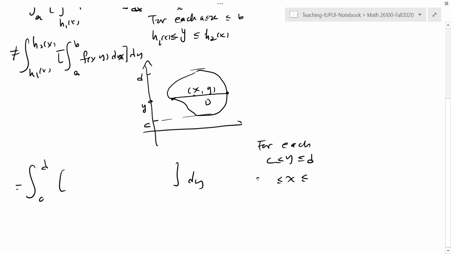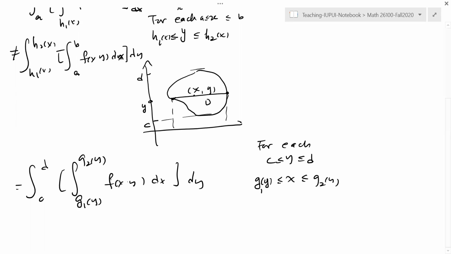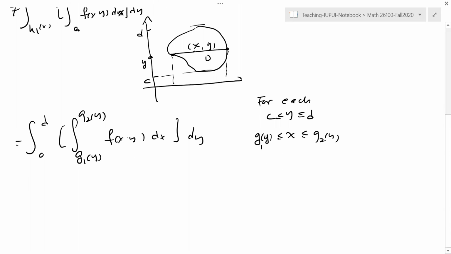We can use g1(y), the lower bound, and g2(y), the upper bound, because the bounds depend on y. Sometimes g1 or g2 is a constant, which is possible. So this is the most general case, and that's how we exchange the order of the iterated integrals. That's how we solve the problem.